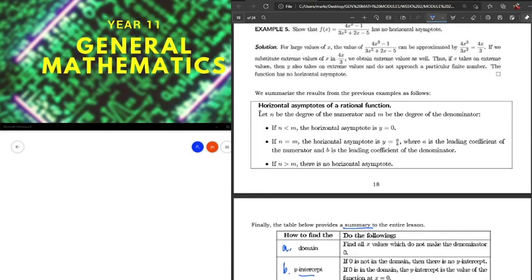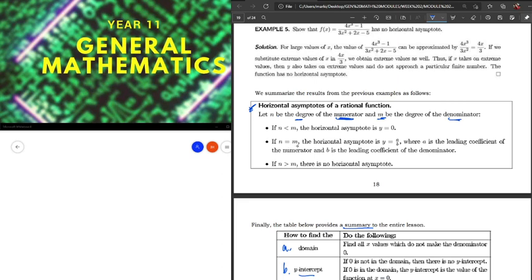Then the horizontal asymptote, how are we going to find it? We refer to page 18, where n is the degree of the numerator and m is the degree of the denominator. If n is less than m, the horizontal asymptote is y equals 0.